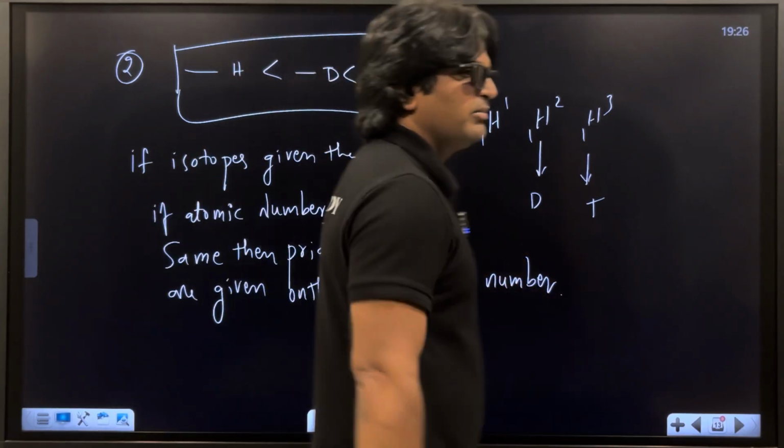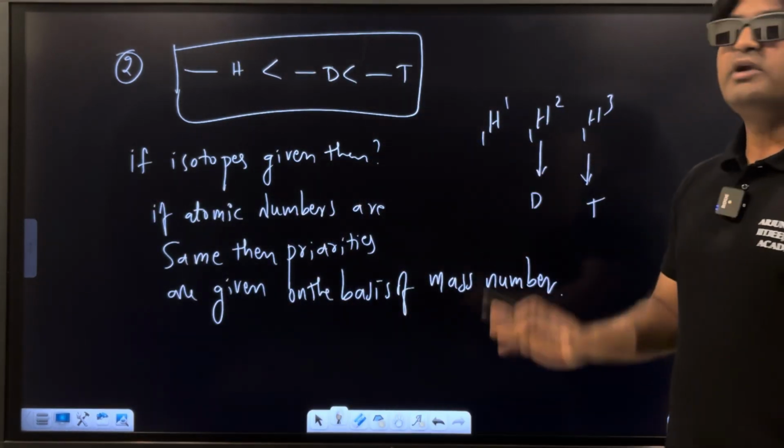This is the second important point. If atomic numbers are the same, then go for mass number.